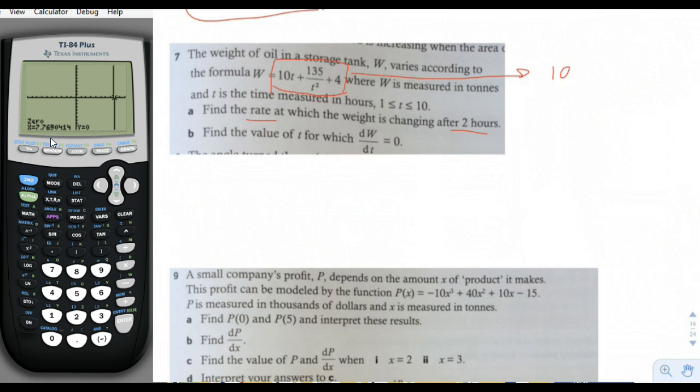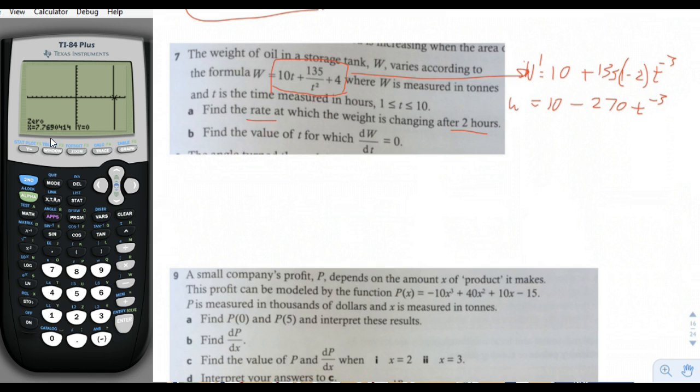So W prime is equal to 10 plus 135 times negative 2 times t to the negative 3, and the derivative of 4 is 0. So if we want to simplify that, it's 10 plus 135 times negative 2, so that would be negative 270 t to the minus 3.